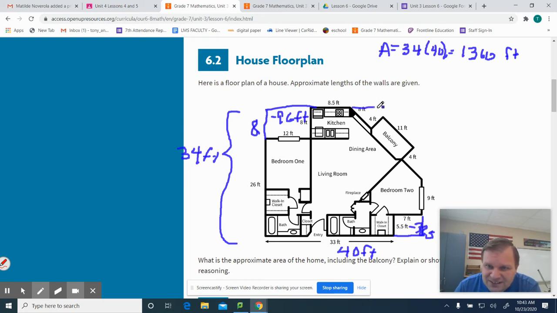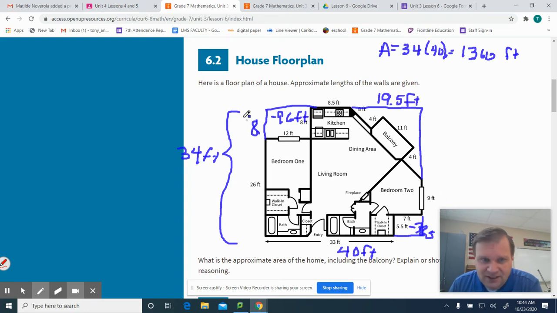But now I have this section right here. Let's relate this back to a triangle. And so we're going to need this length and this length because the area of a triangle is base times height divided by 2. All right. So I've got to find some way to find the area. So what I did is I took this complete length here, 40 feet, and I took away this 12 feet that would be up here, and this 8.5 feet, and I got a total of 19.5 feet for this part right here.